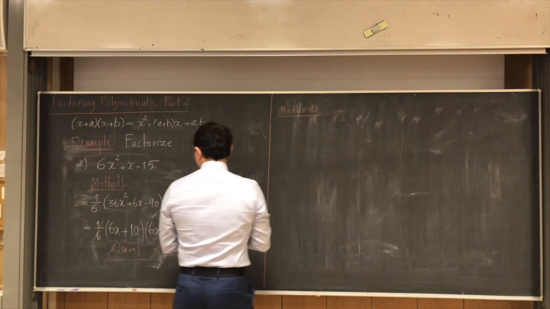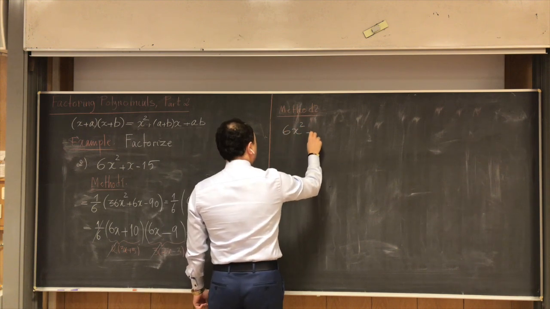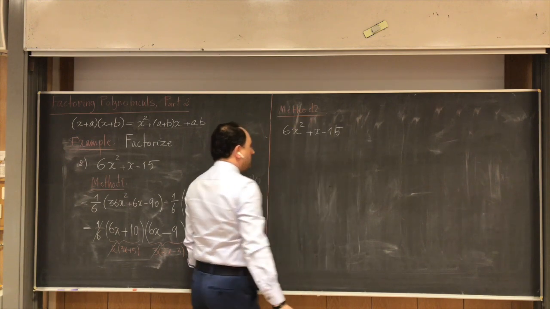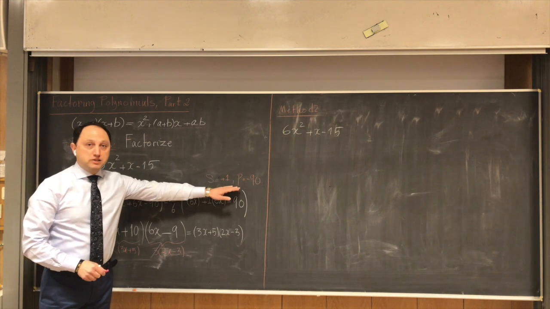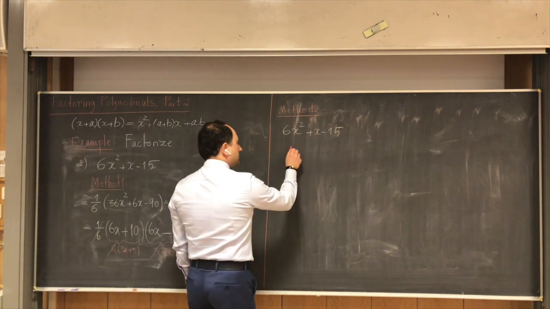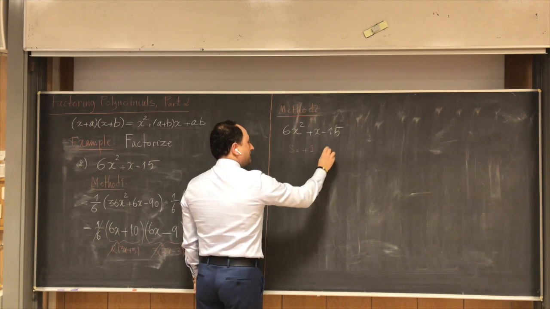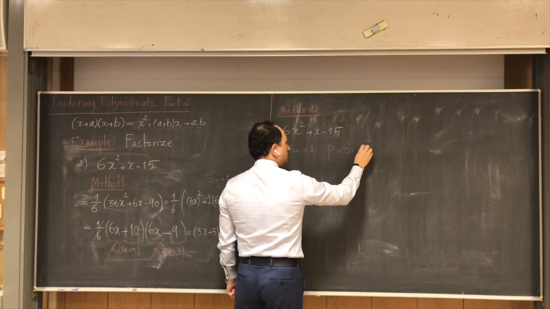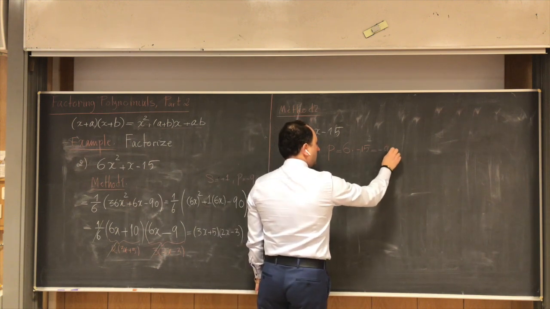So if you remember what I said, let me rewrite it here again. 6x squared, then I have plus x minus 15. Okay, here, the s and p that I asked myself here are different here. Okay, what are they? S is this number here, which is positive 1, and p is the product of these two numbers, which is minus 90 again.